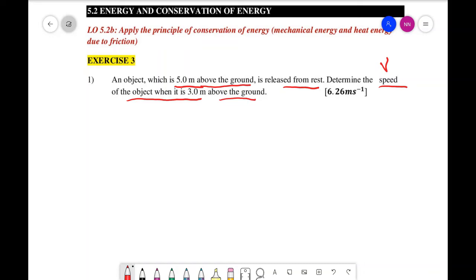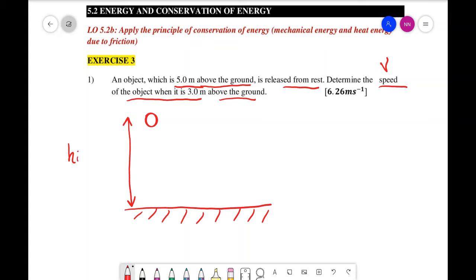Let's say this is the ground level, and this is the object. Initially it is 5 meter from the ground. Height initial is 5 meter, and then it is released from rest.